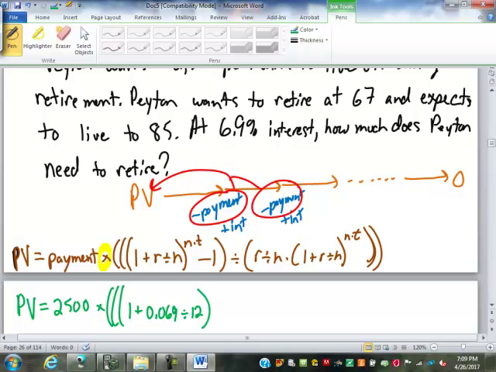What does the power have to be here? It's 12 times a year. I was wondering if it was 85 subtract 67? You got it. 85 minus 67 is 18 years. So 12 times 18 is 216. Yep, so 216 periods, 216 months.